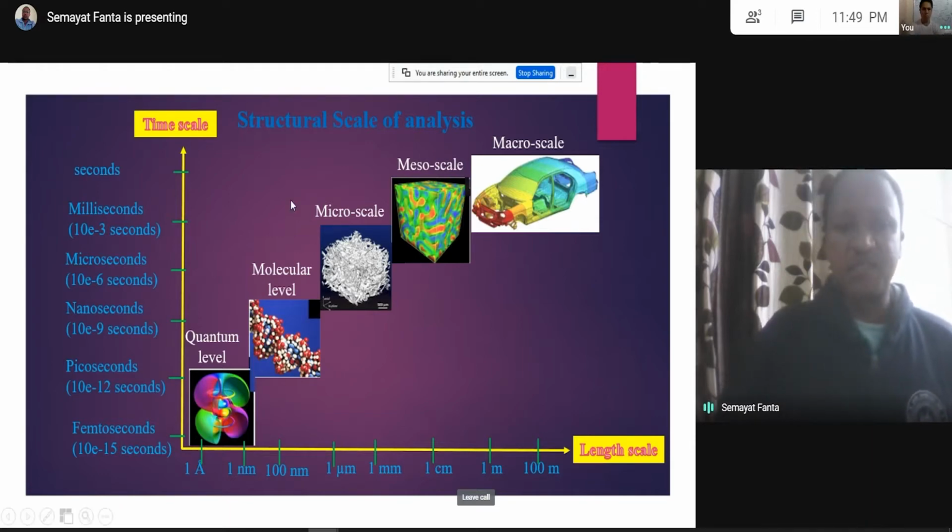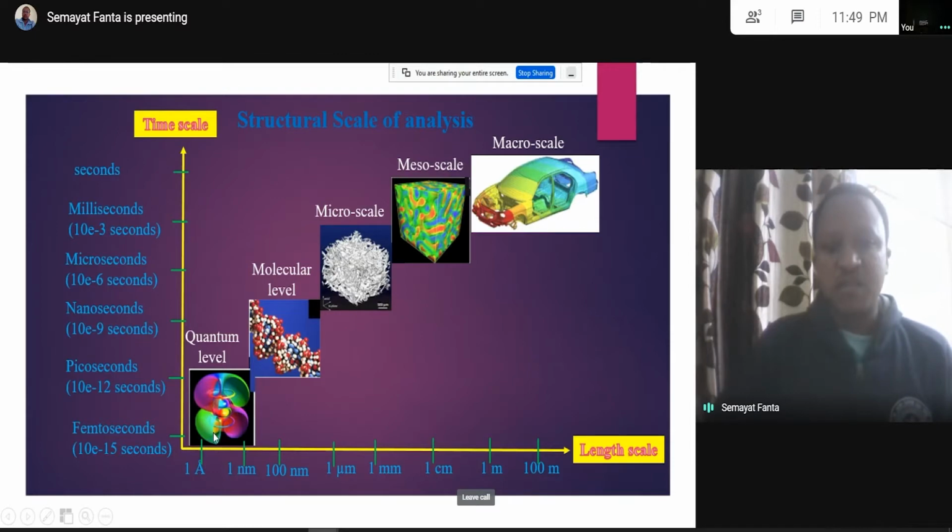So we can analyze from 1 angstrom, 1 nanometer. These are in the quantum level actually. Sorry, in the molecular level, we can see hundreds of nanometers of scale. So these are very small particles. That goes from 10 to 100 nanometer. And then in the micro level, we can see micro scale analysis.